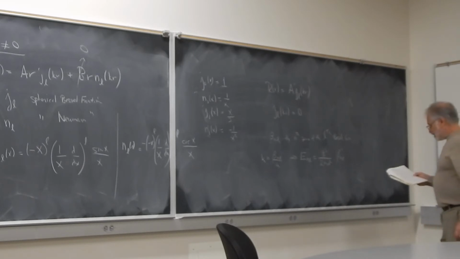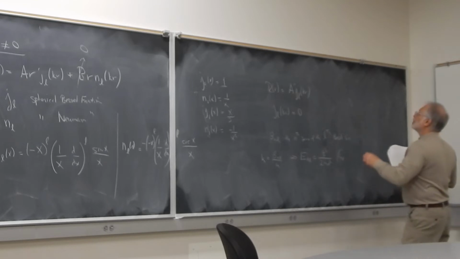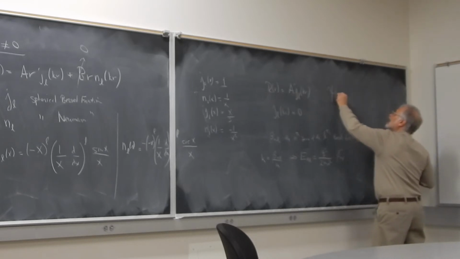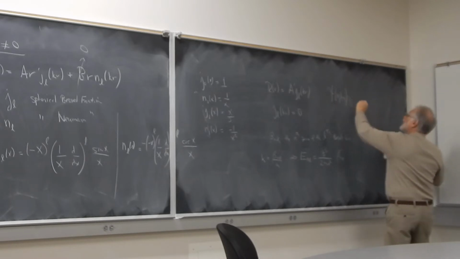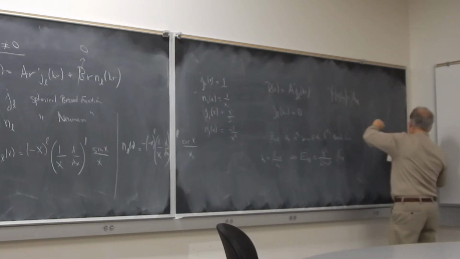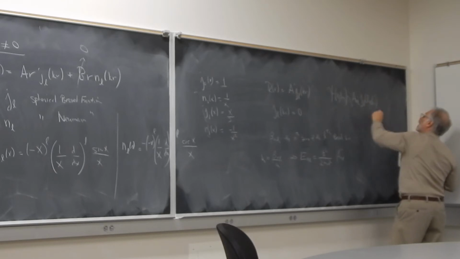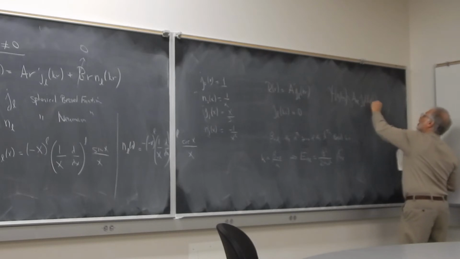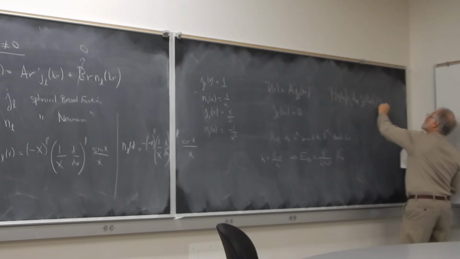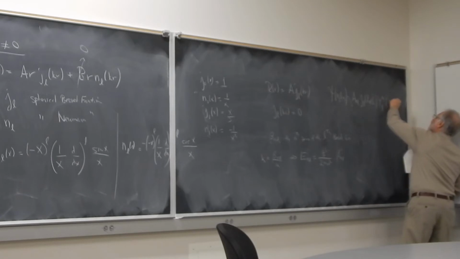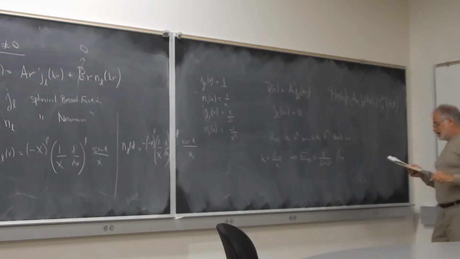That means our eigenfunctions will become psi of n l m, putting all of it together, A sub NL, J sub L of beta NL r over A, Y sub LM of theta and phi.